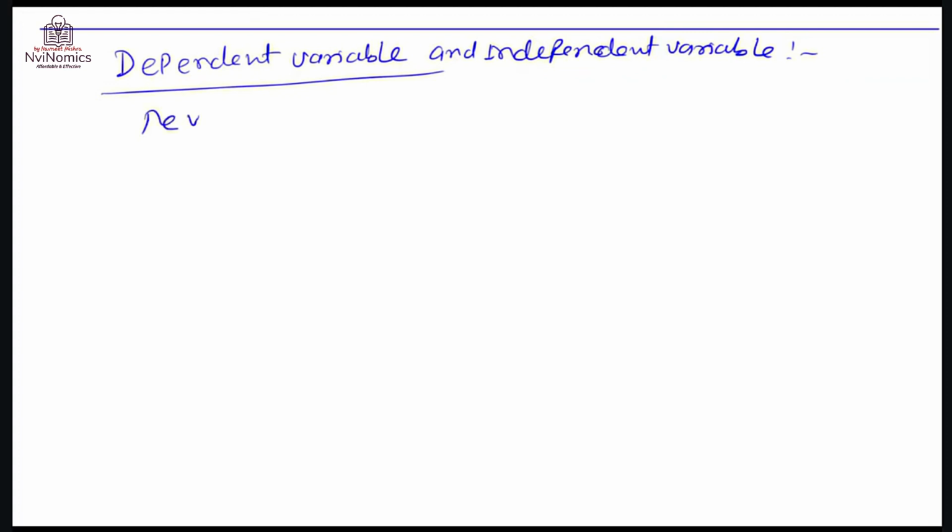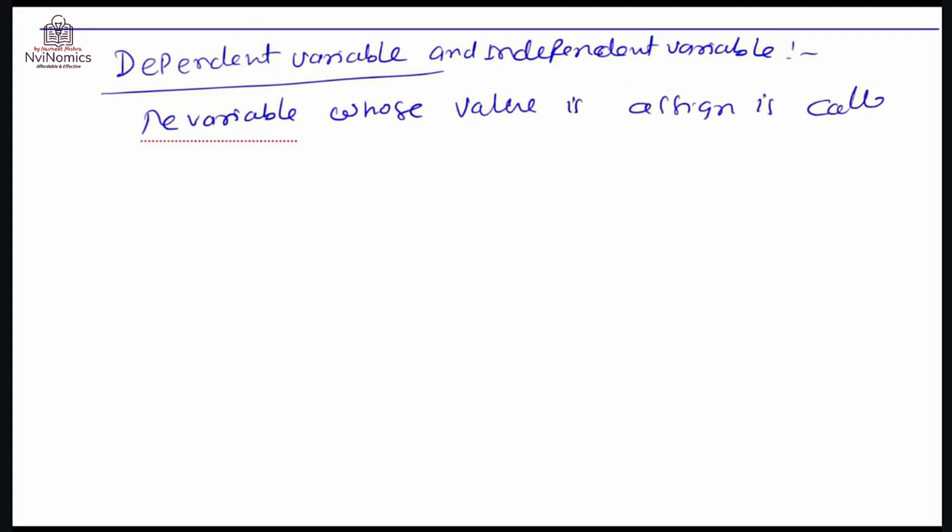The variable whose value is assigned is called the independent variable. I'm writing in short.